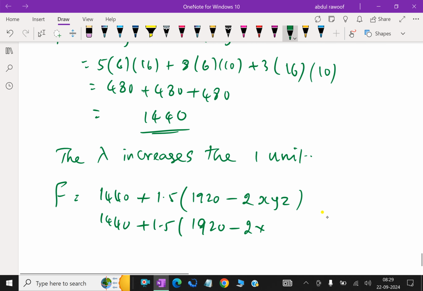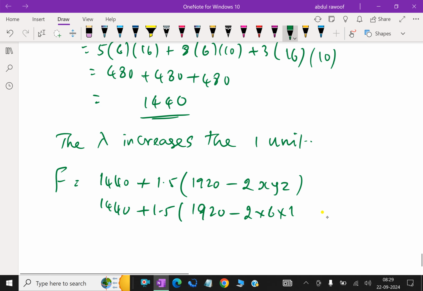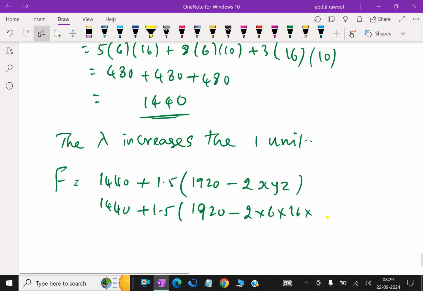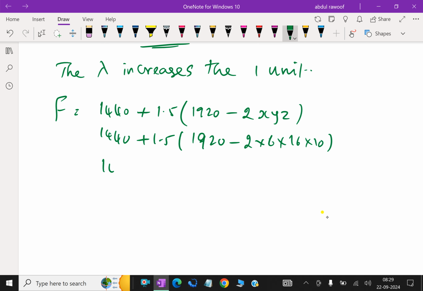X is 6, y is 16, and z is 10. Which equals 1440 plus 1.5 into 1920 minus 2 into this much.